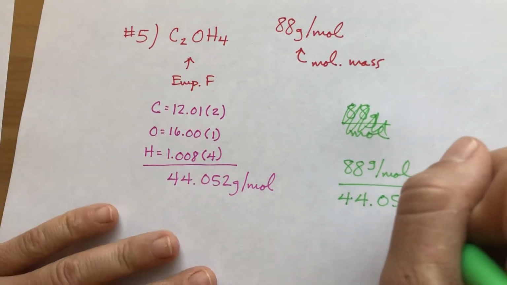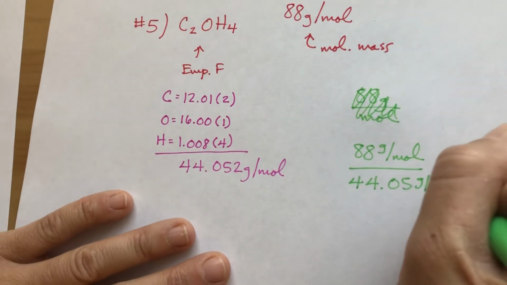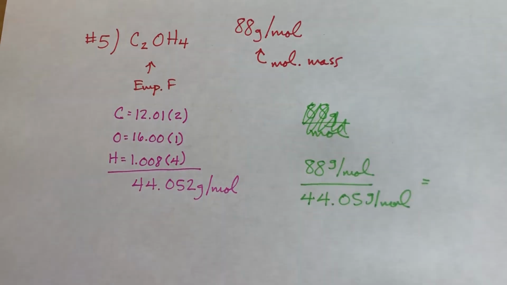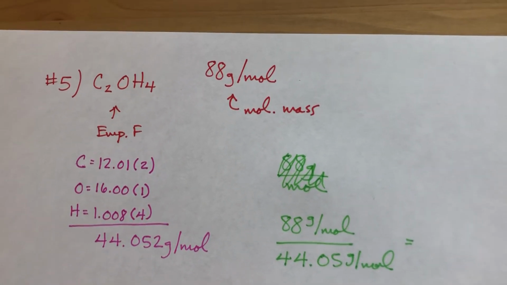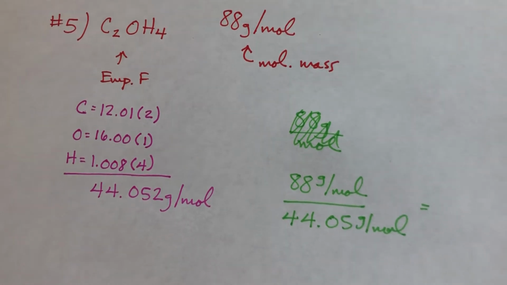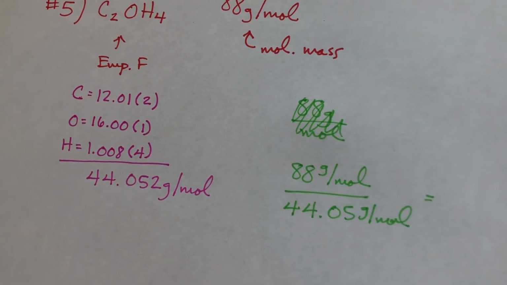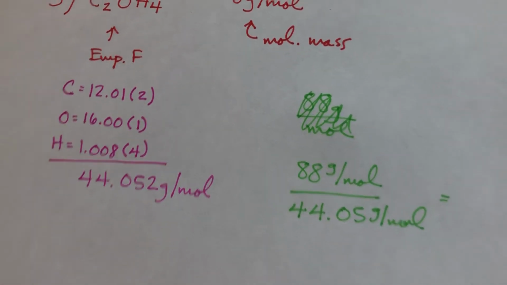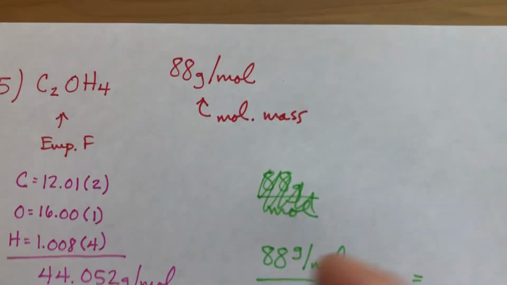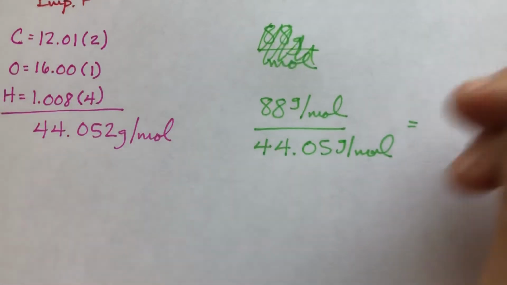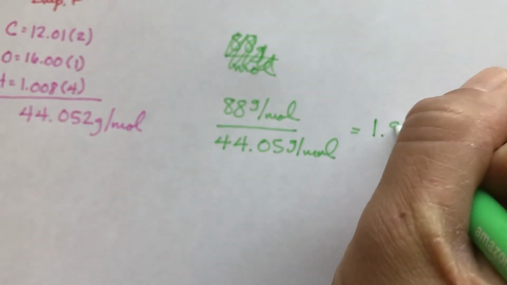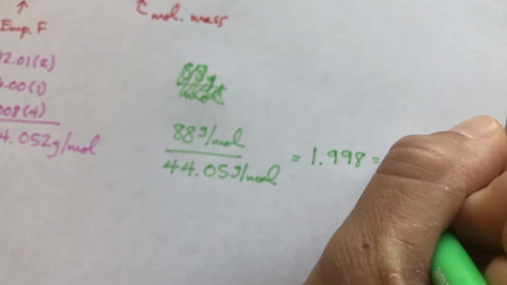Just going to go to the 100th here, because that's all our scales can go to. And when I do that, 88 divided by 44, we're going to get 2, right? So 88 divided by 44.05 equals 1.998, which is 2. Okay, 1.998, and that equals 2.